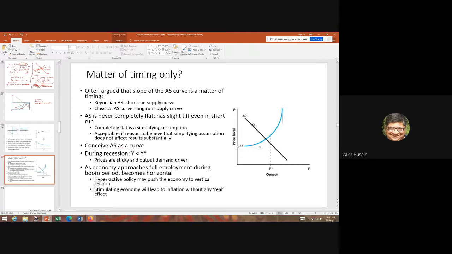So this is regarding the supply curve. It is perhaps not accurate to think of it as a matter of timing. The Keynesian case is a short-run supply curve. Classical case is a long-run supply curve. But think of it in terms of a trade cycle. The economy during recession will have a horizontal supply curve, but as the economy moves towards full employment, the slope starts increasing and becomes almost vertical.